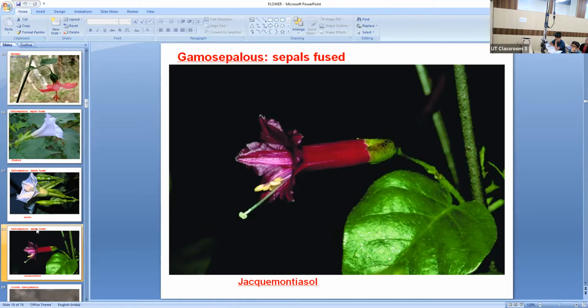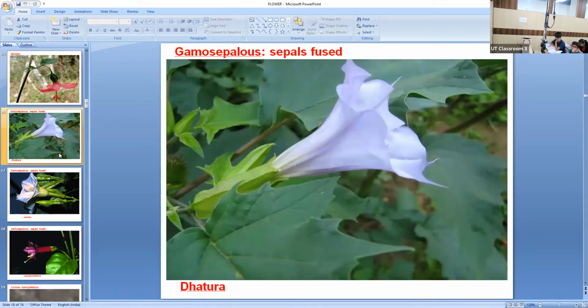In most of these conditions, I've been showing you gamosepalous conditions, which are quite common. But in examples like marigold, they are generally not in the form of a tube, but spread out. So that is about the sepals, the calyx. The second condition, let us talk about petals or corolla.